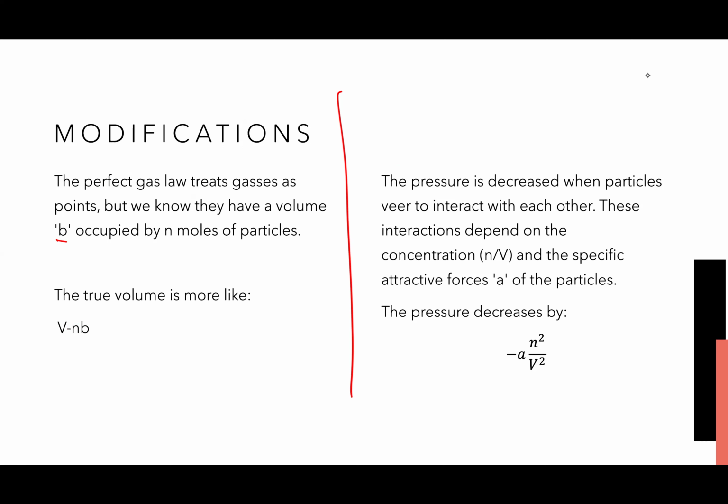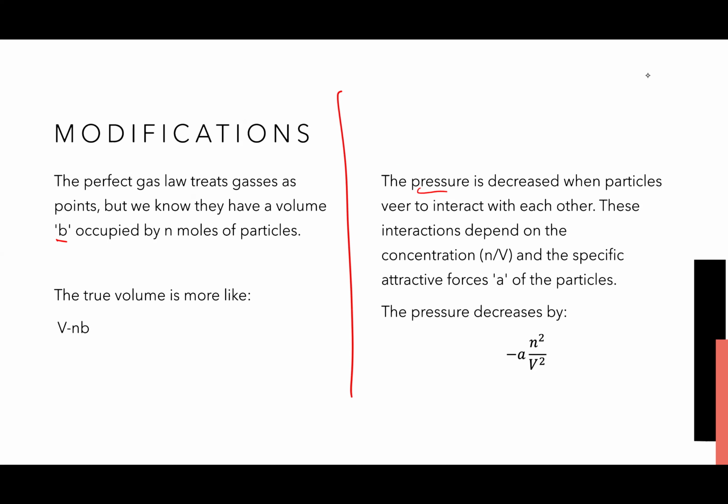On the other modification, the pressure is decreased when particles interact with each other. Pressure is when the particles hit the container walls. Particles may not hit the container walls, either by veering off course and taking longer to reach the wall, or by colliding with each other.